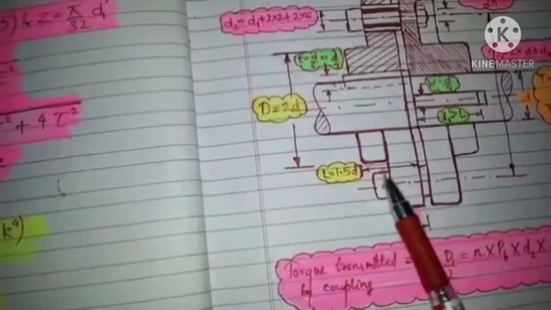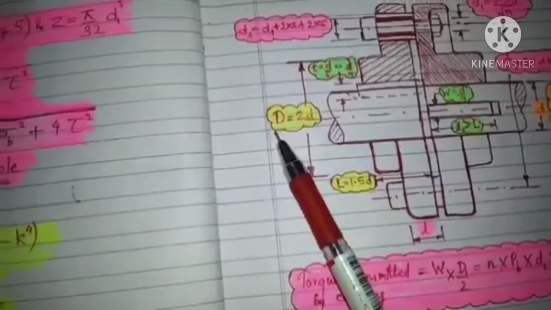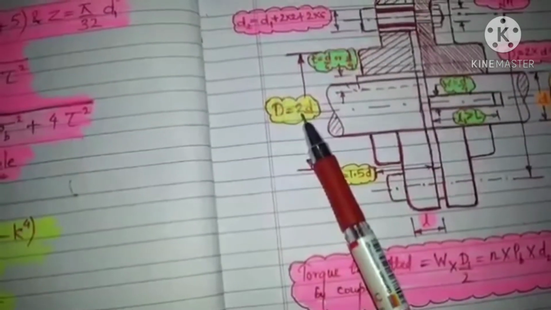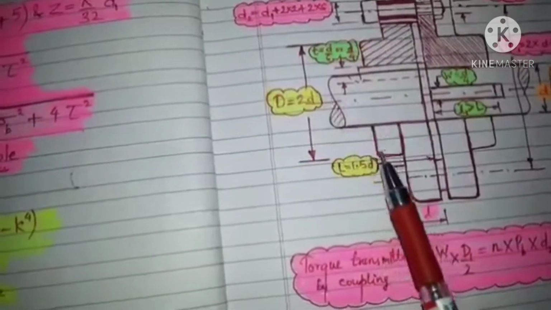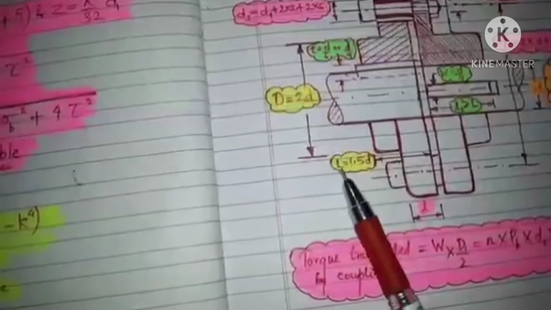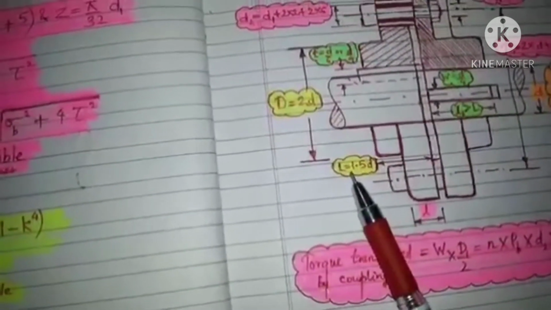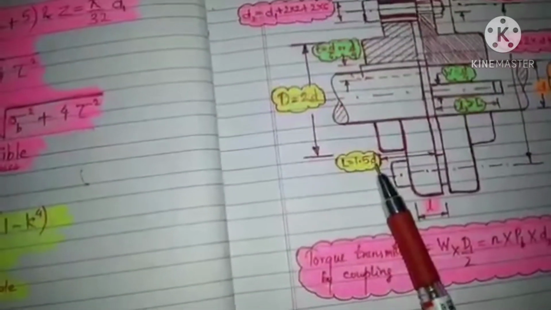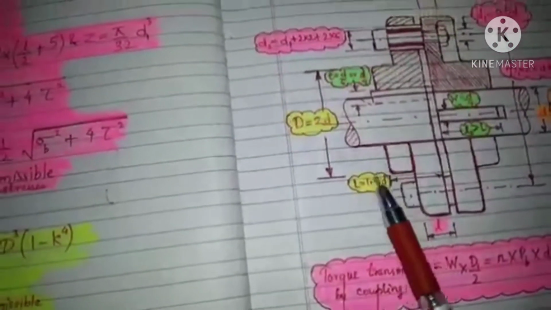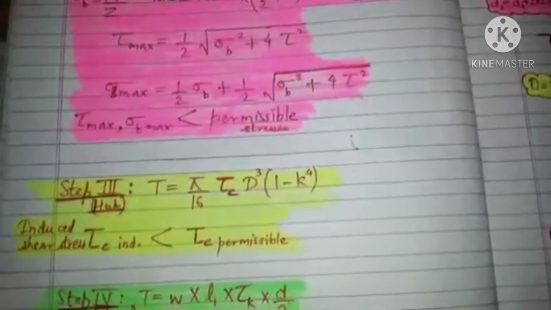You can see this is L. So the diameter of the hub will be 2 times the diameter of the shaft, whereas the length of the hub will be equal to 1.5 times the diameter of the shaft. Once we find the dimensions, now we will see the stresses.